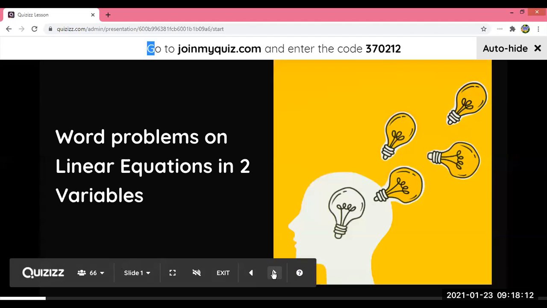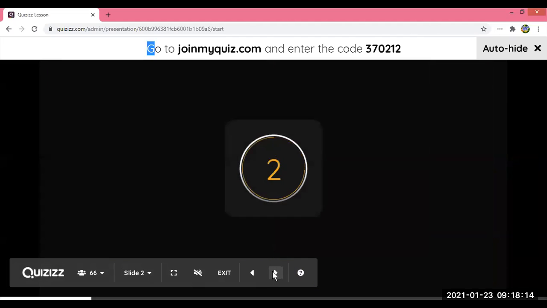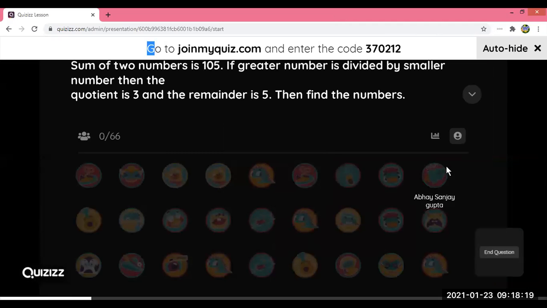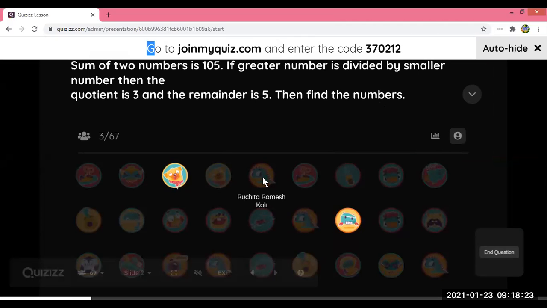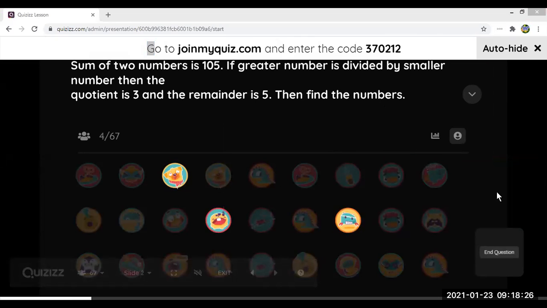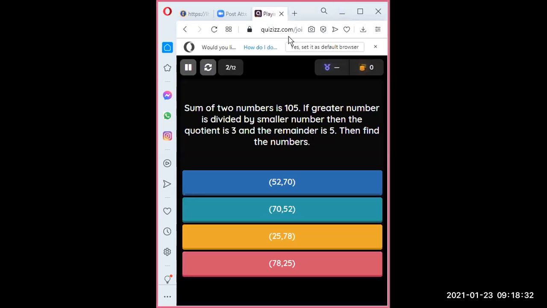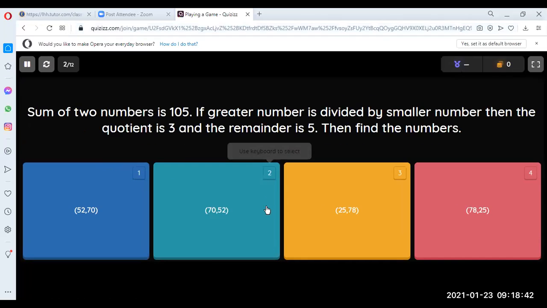You should be able to see the first question. Find the numbers, and you should be able to see the options also. I am going to show another screen where you will be able to see the choices. So you need to go to the quizzes link and select any one of these four choices, right?